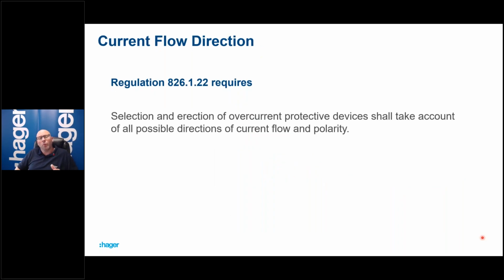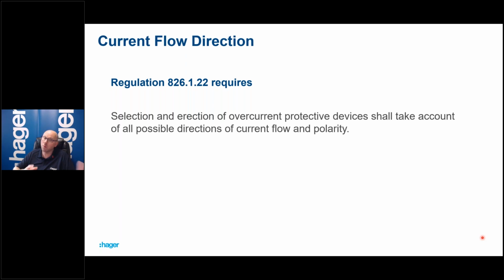Now, looking at renewables as well, the topic of current flow direction has come to light in recent times. BEAMA have done a document on this as well. And I first started looking at it in Amendment 2 when this regulation 826.1.2.2 arrived, which is within that new section, Part 8, for prosumers' electrical installations.